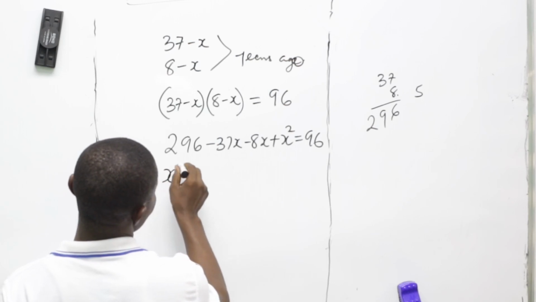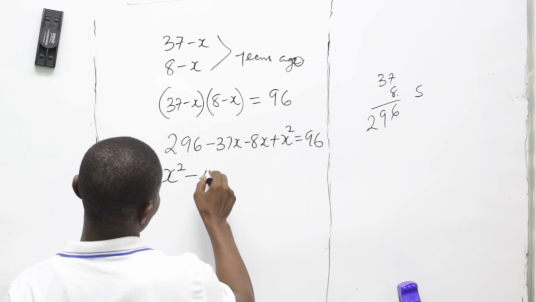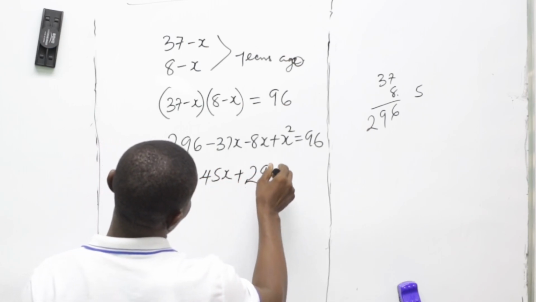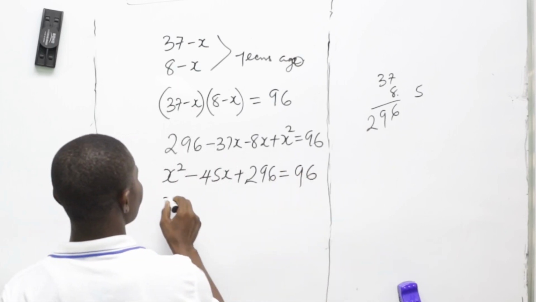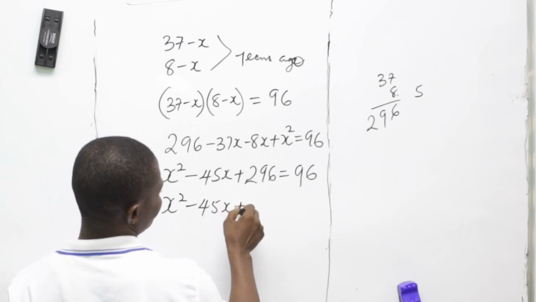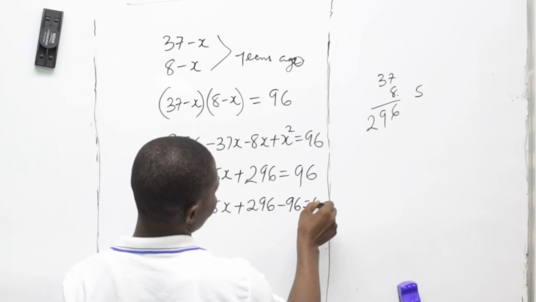So that x squared minus 45x plus 296 equals 96. X squared minus 45x plus 296 minus 96 equals 0.